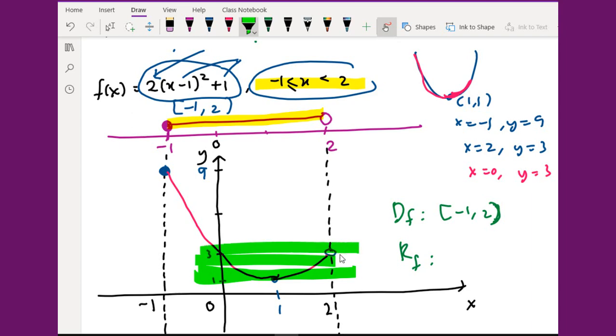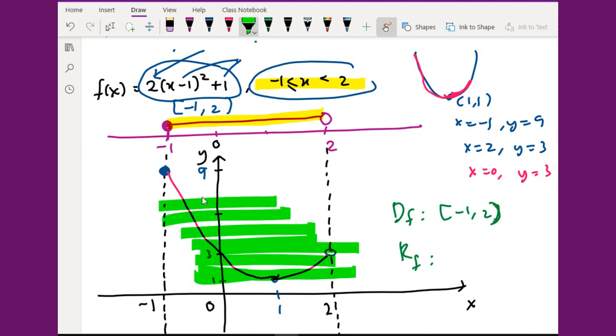Even though 2 is excluded on the right-hand side, the y value there is still approached, so consider up to 5. The last is included, so the range is from 1 to 5 included. This is the range for this given domain. That's all for the quadratic function.